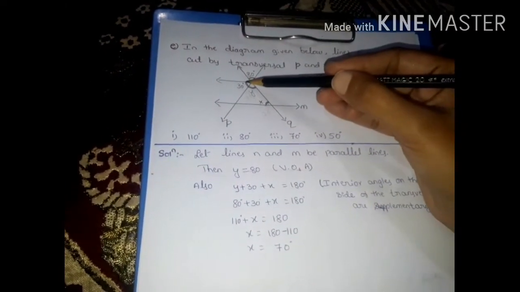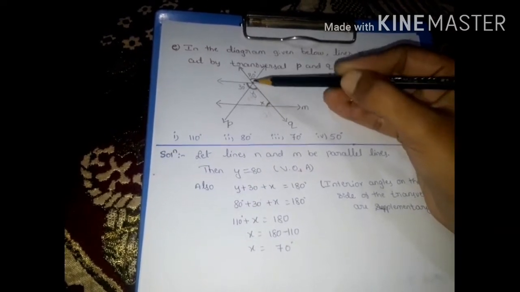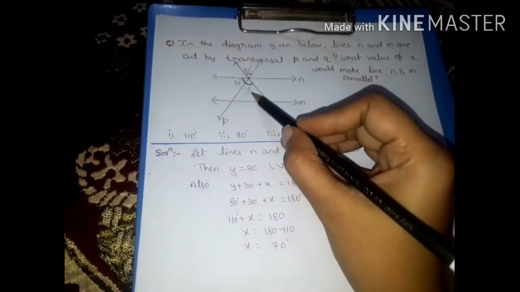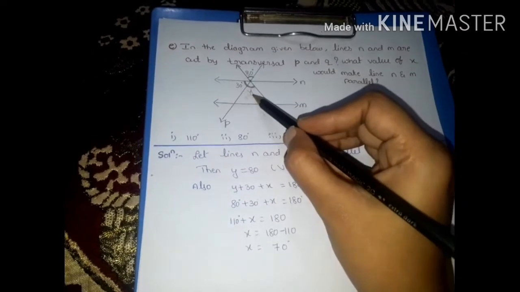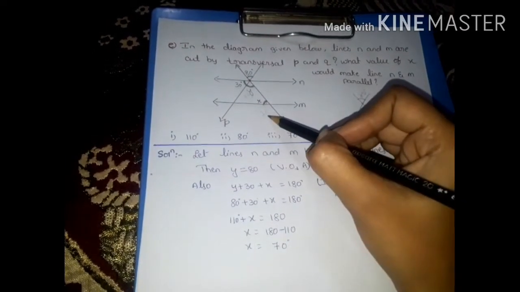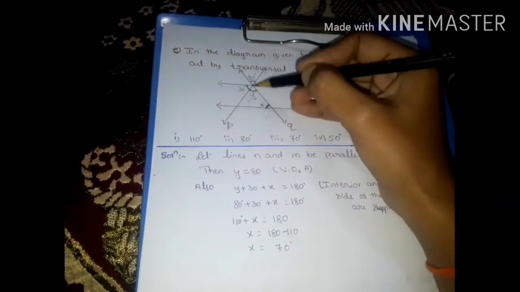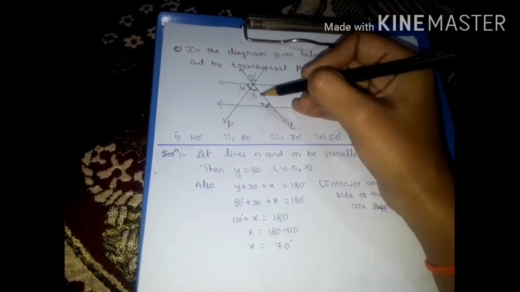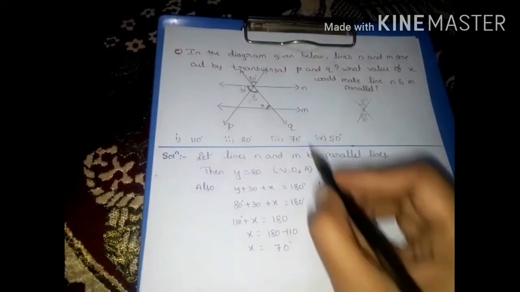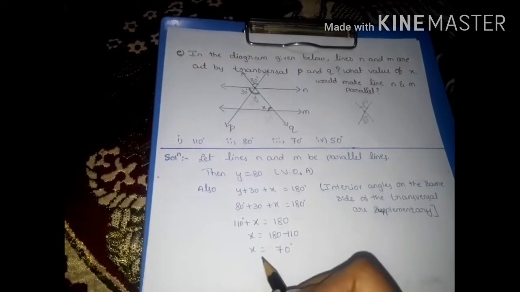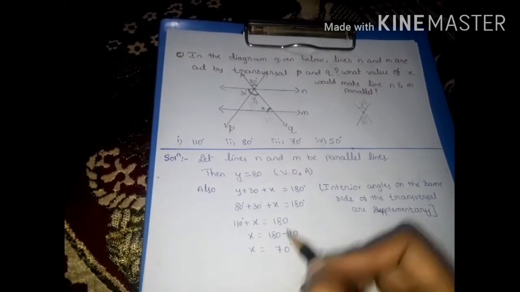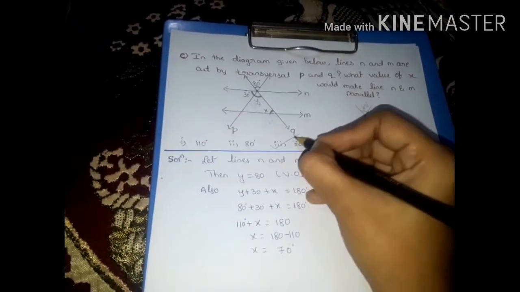What I said: the sum of these angles equals 180 degrees. 80 plus 30, 110 degrees. 110 plus 70 degrees gives 180 degrees. The interior angles on the same side are supplementary. We got the sum of these angles equal to 180 degrees. Then the x value we got here is 70 degrees. The correct option is 70 degrees.